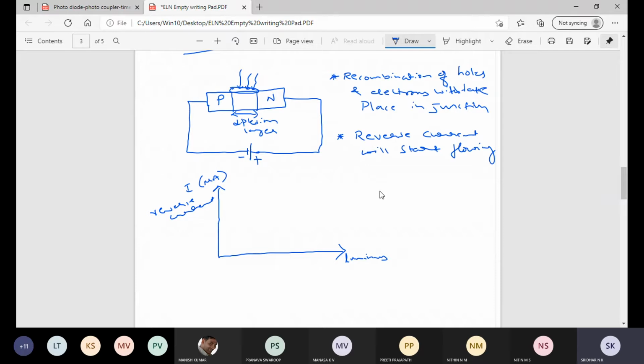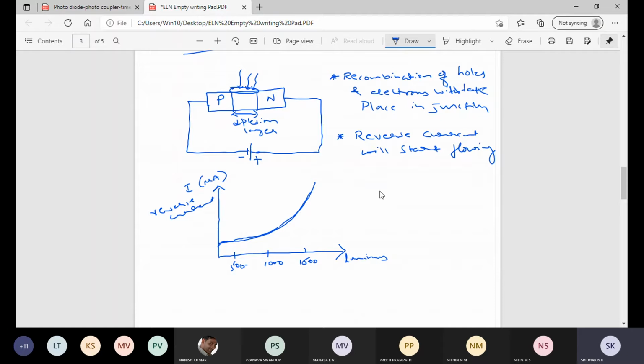Always remember, positive current will be in milliamps, and negative current will always be in microamps. It will be very less. A small change of luminous will give more reverse current. As the luminous or intensity increases, say for example 500, 1000, 1500, the reverse current also will start increasing gradually. So this is the characteristics of this special diode, this photodiode.